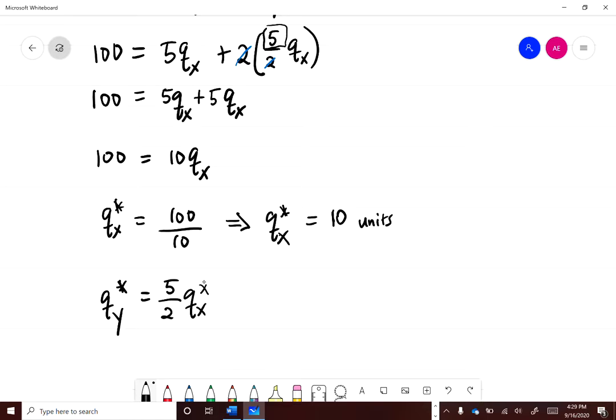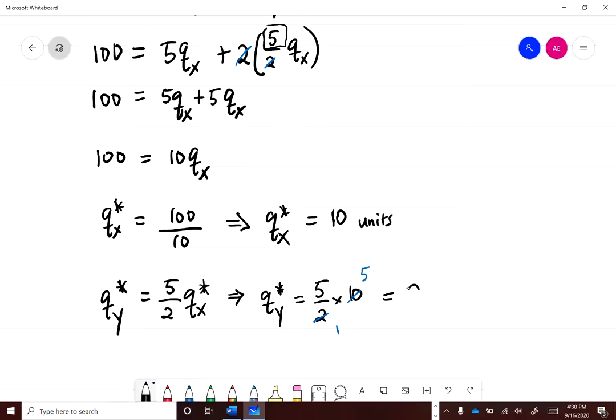Again, this is going to be the optimality because we need to know Rory's choice when she's maximizing her happiness. So this is 5 over 2 times 10, which gives us 25.